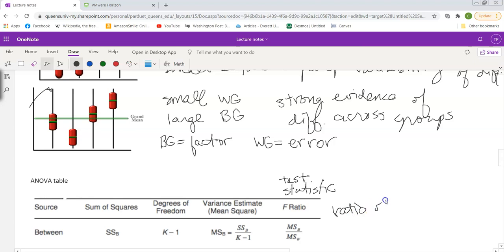It's the ratio of the estimates of between group variability to within group variability. And we said we wanted between group variability to be large and within group variability to be small.